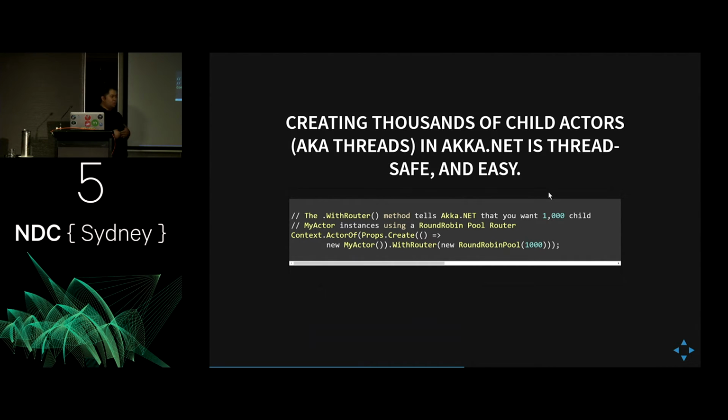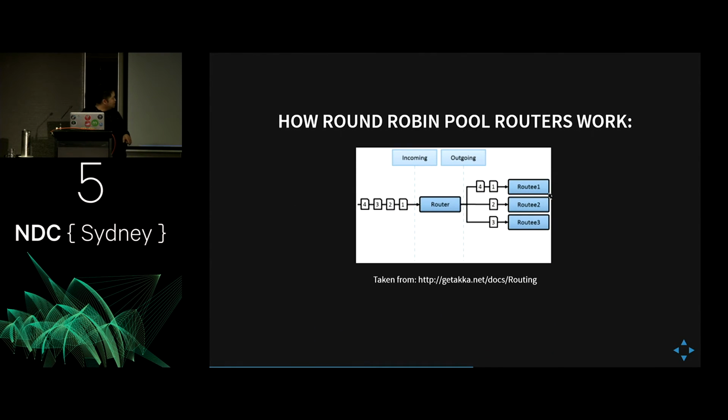So what this means is if I send a message, the message will come in through the router. There might be up to 1,000 instances inside of that router actor, and it'll just go through every single one of the actors in a round-robin fashion until every single one of the messages are handled in parallel.